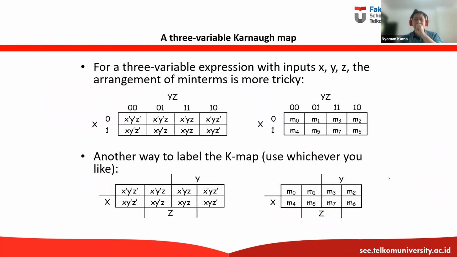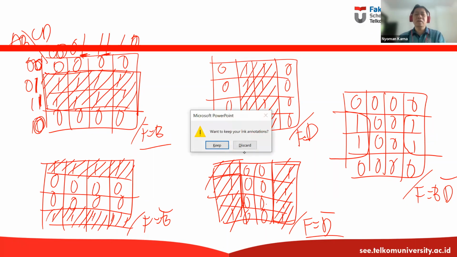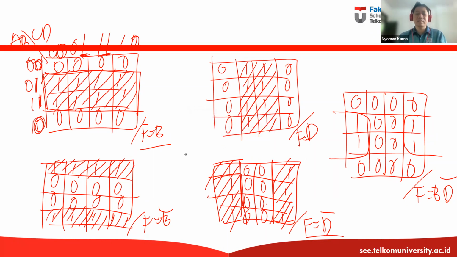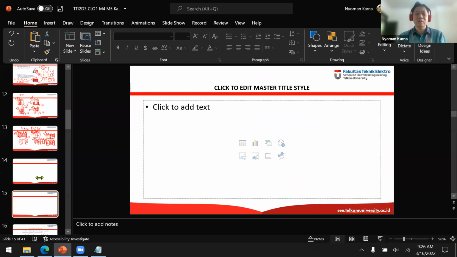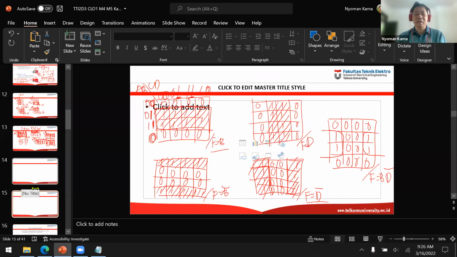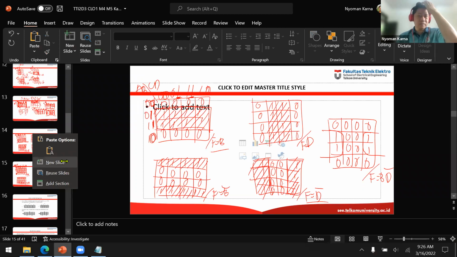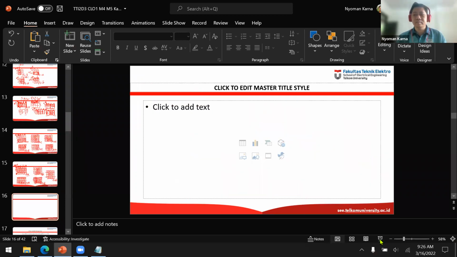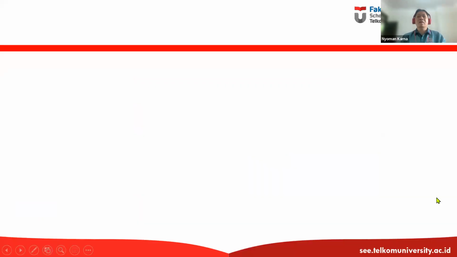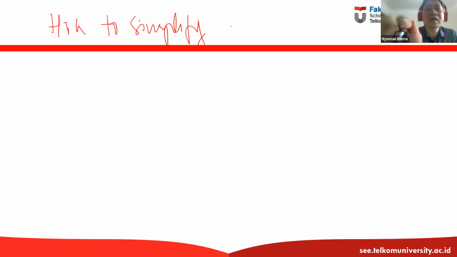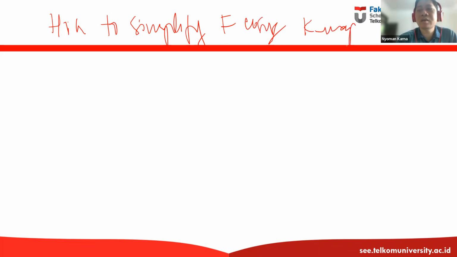Now let's try to create our rule now, because we have already discussed several examples. Now, let's see how to simplify F using K map.